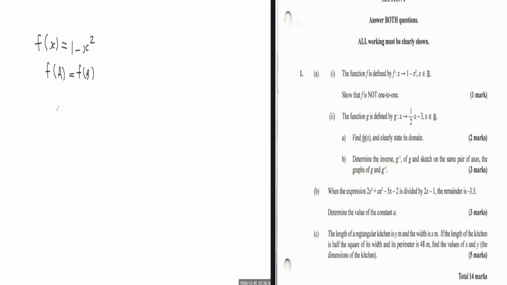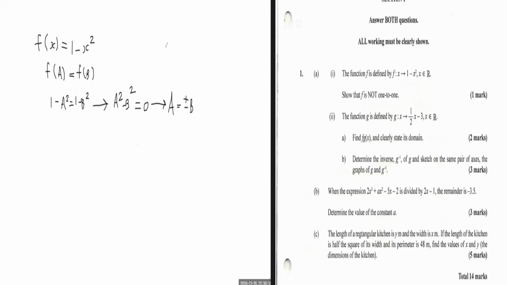So solving f of a equal to f of b: f of a is equal to 1 minus a squared, and f of b is 1 minus b squared. From these two, we bring over a squared and bring over the 1, so we get a squared minus b squared is equal to 0. And if a squared minus b squared is equal to 0, then this is telling us that a is equal to plus or minus b.